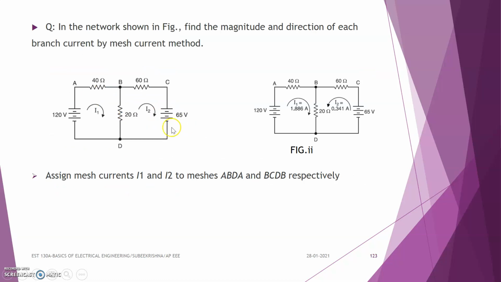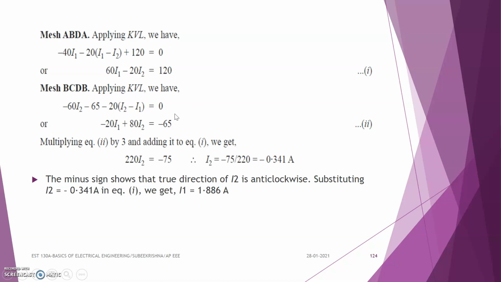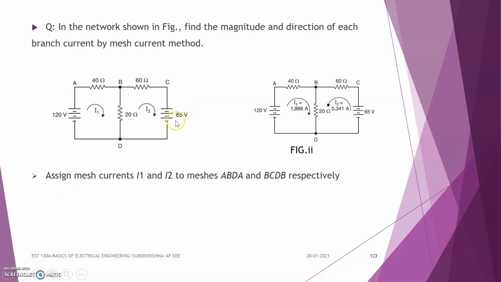In the second case also, here it is a voltage drop, so we are assuming the current is flowing in the clockwise direction, so this voltage drop can be taken as minus 60 I2. Next is the voltage fall, so we can take that value as minus 65.